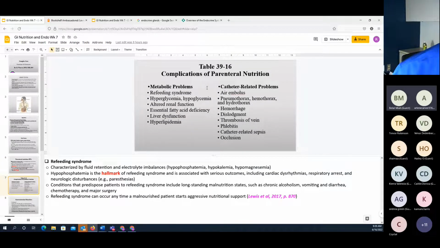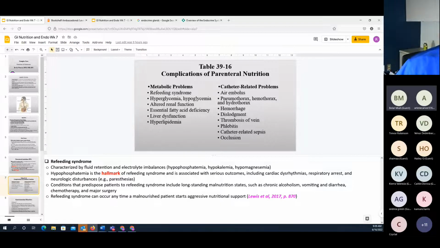Here, these are some of the complications of parenteral nutrition. So take a look at this information that I provided for you here. These are some of the metabolic problems that you'll have, like refeeding syndrome, which I talk about here, and how you can recognize it. It can also cause problems with hyperglycemia and hypoglycemia.